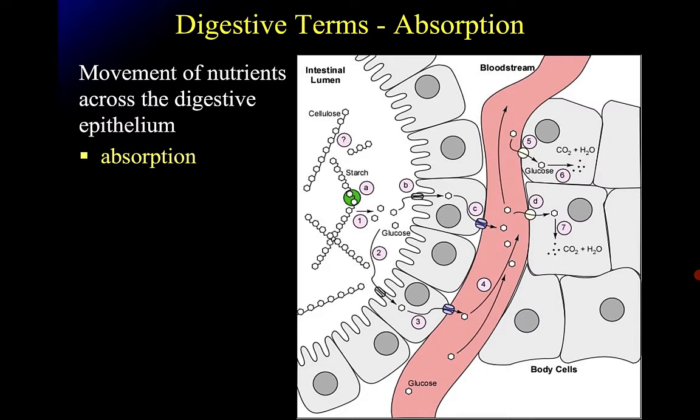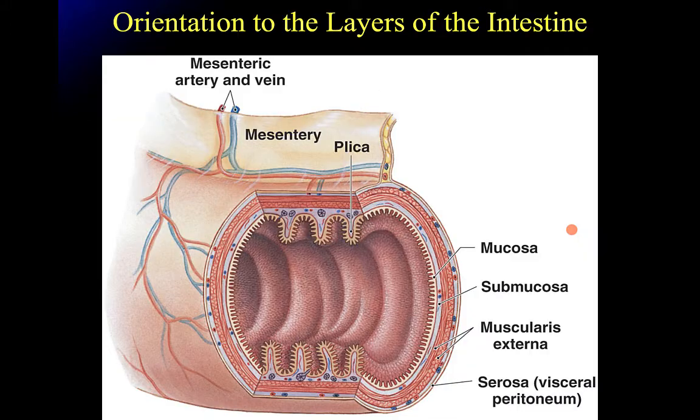But the goal here is to get it into our body, which really means crossing the cells that line the intestine. That would be these cells here, bringing it into those cells, and then exporting it from there into the bloodstream. If we don't really get it into the bloodstream, it doesn't get to the cells of our body, and we can't utilize it. So absorption is incredibly important, and is really the step where those nutrients actually enter our body and are made available to us.